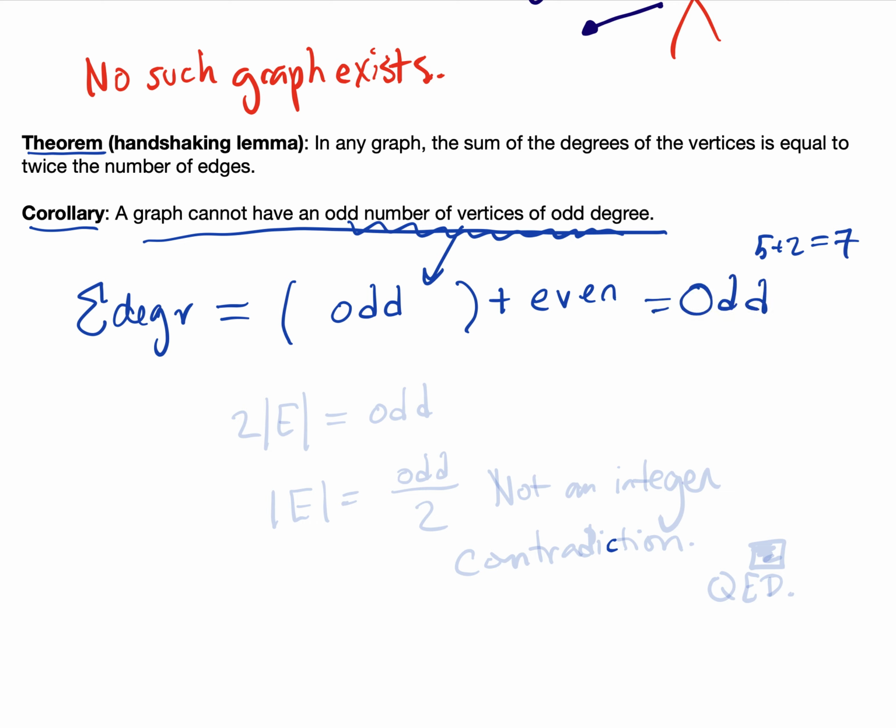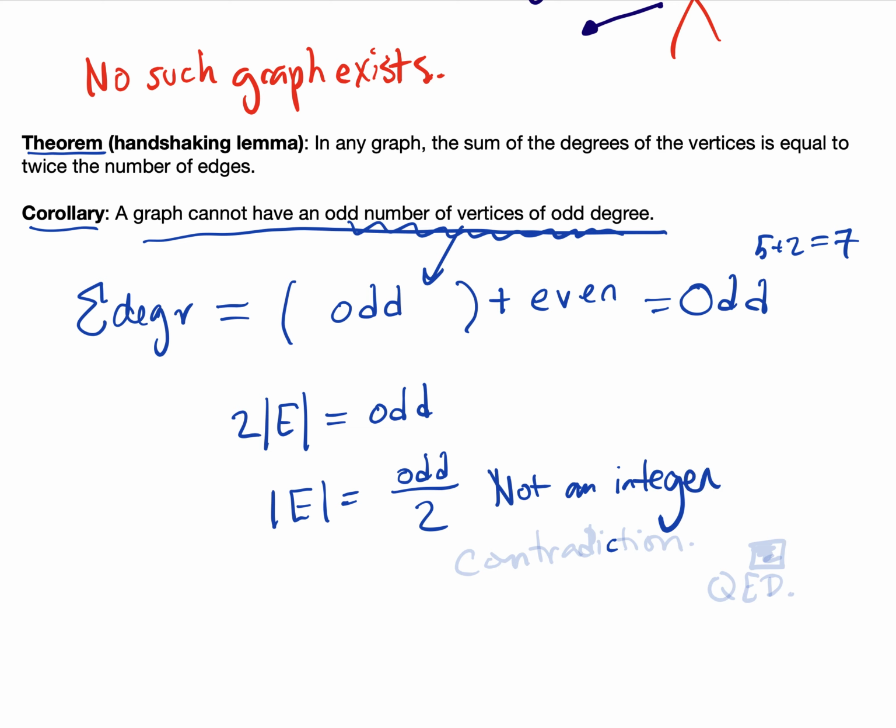And so if the sum of the vertex degrees is odd, then we have 2 times the number of edges is equal to an odd number. And so the number of edges is equal to an odd value divided by 2. By definition, an odd value is not divisible by 2, so this is not an integer.